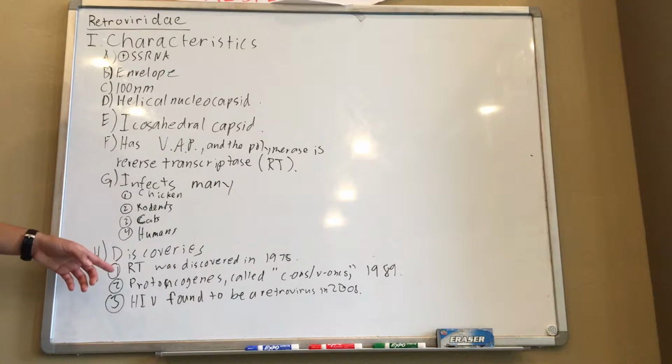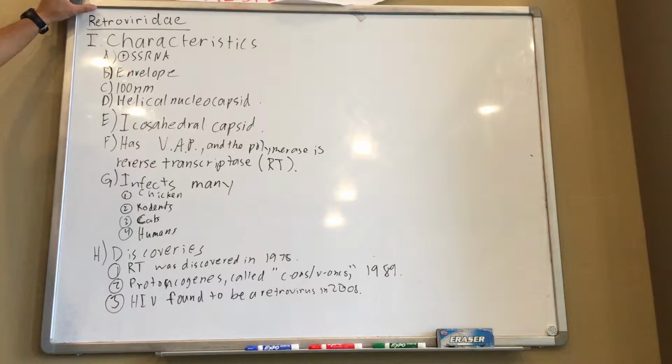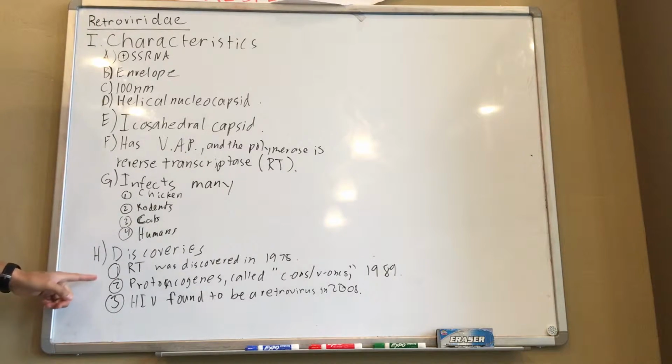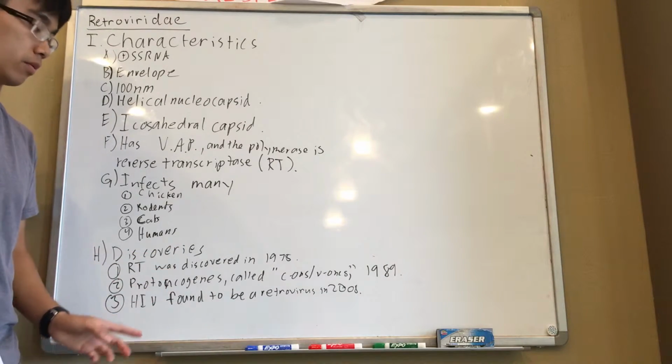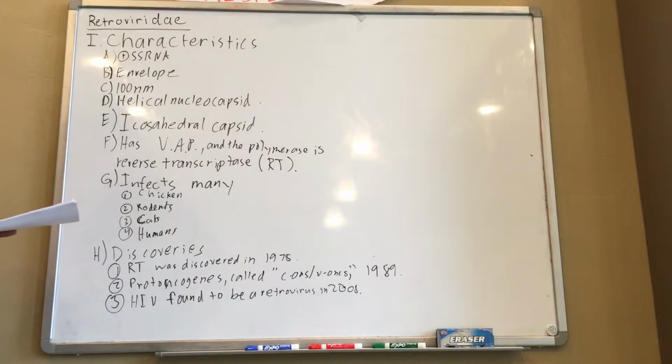Tying this back into retroviruses, one of the key characteristics of retroviruses is that they can cause tumors, and they cause tumors because they have oncogenes.